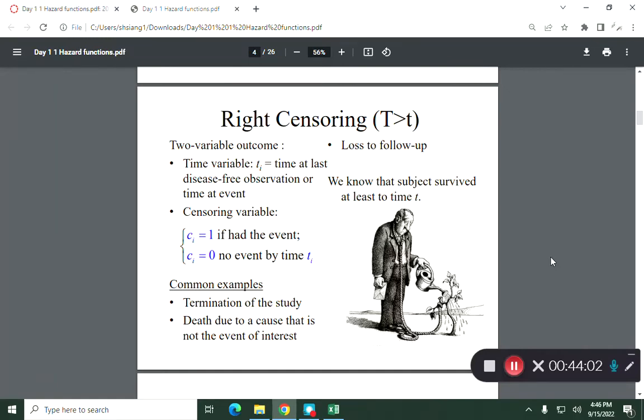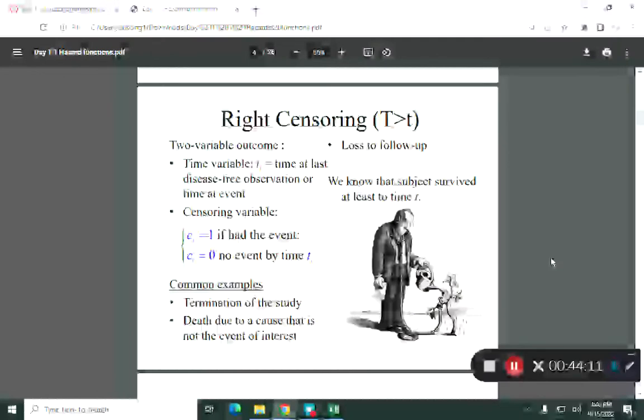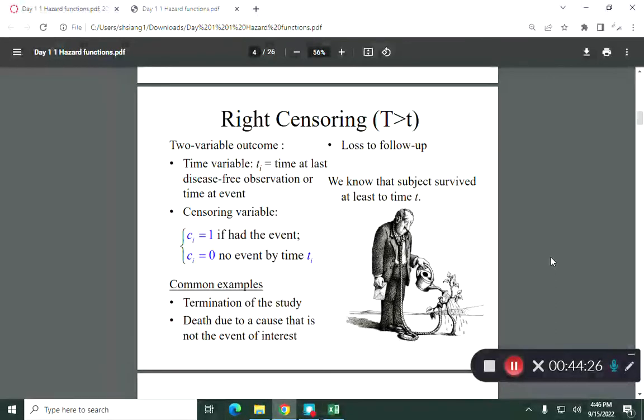When the patients were in the study, are they alive or dead? They're alive. So you basically can say that, I don't know what happened, but at least I know the survival time was accurate when they were in the study. And later I will show you statistically how to treat the censorship example.